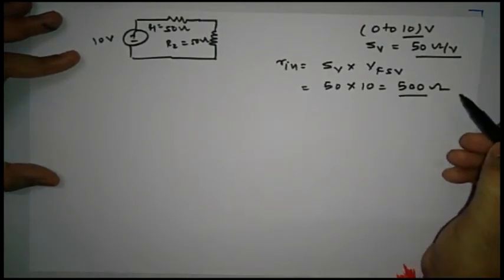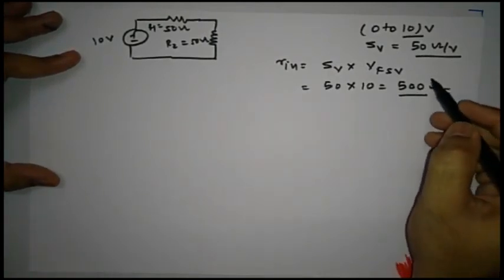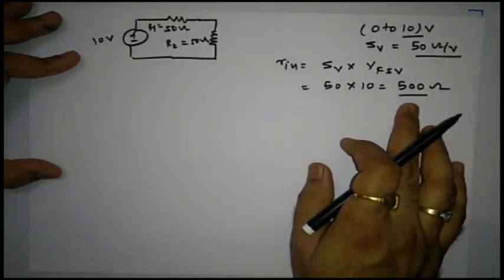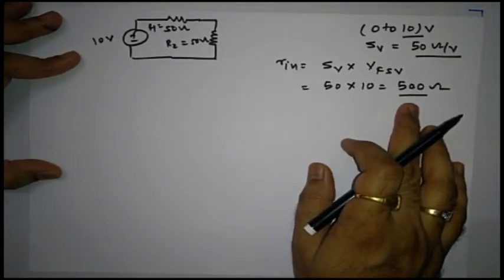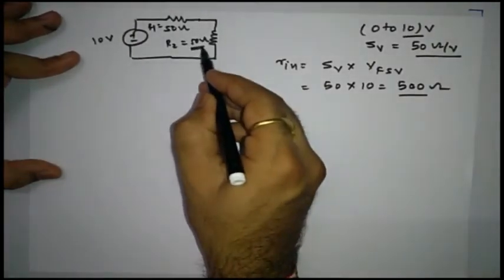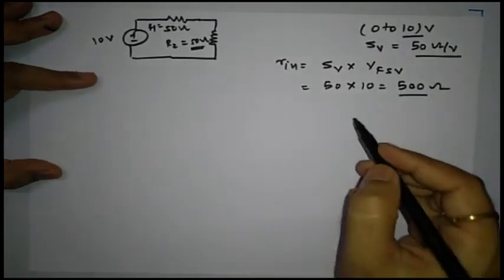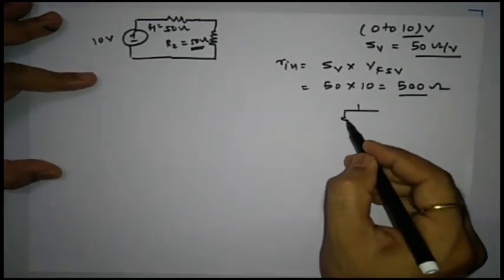As we found that the internal resistance of this voltmeter is 500 ohm, now what will happen? This voltmeter is going to read the voltage across the effective parallel combination of this 50 ohm and this 500 ohm internal resistance. Now the circuit is something like this.